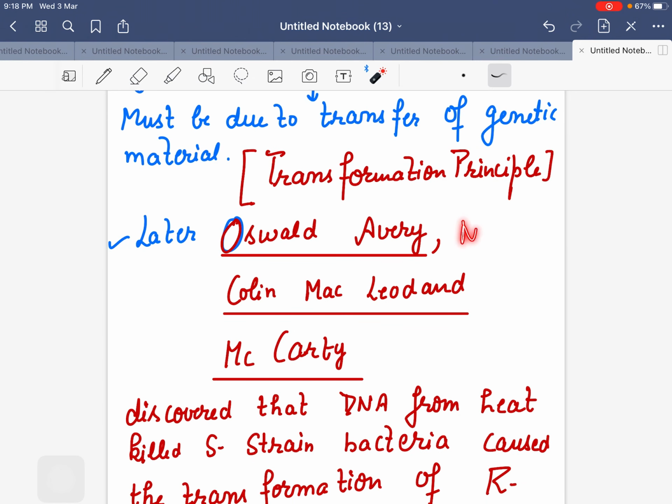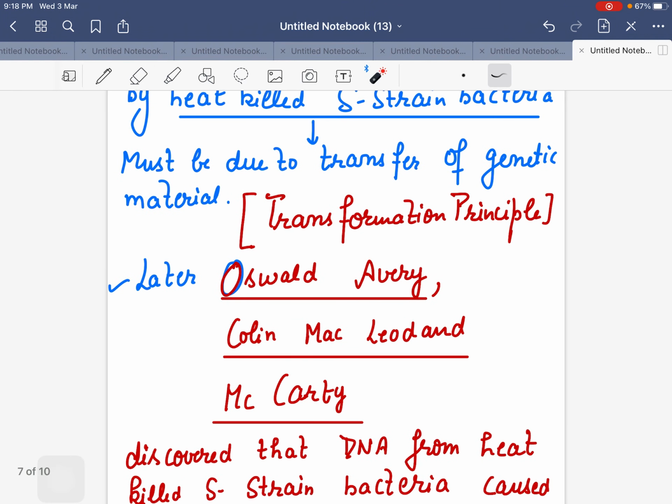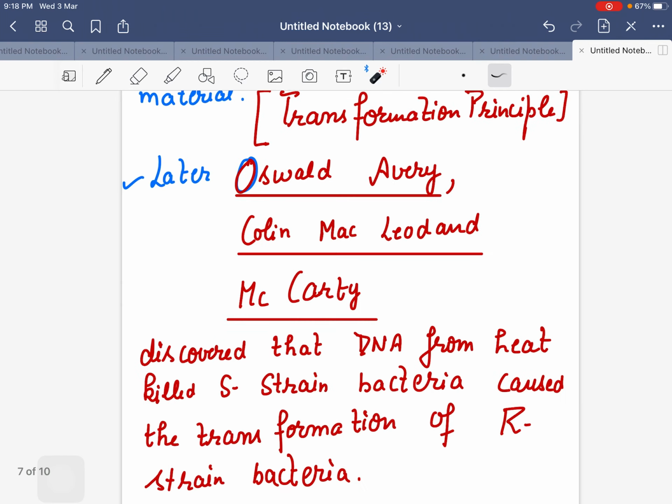But later on, Oswald Avery, McLeod and McCarty discovered that, because Griffith did not tell us what is transferring.